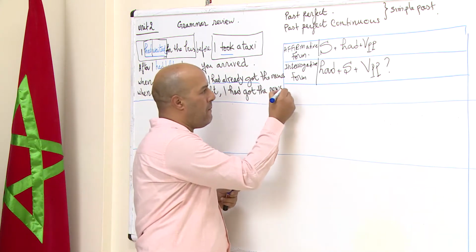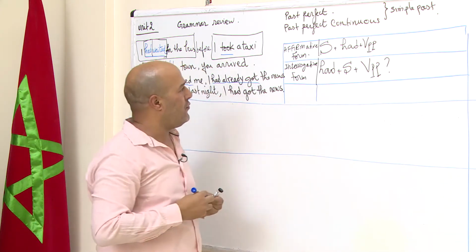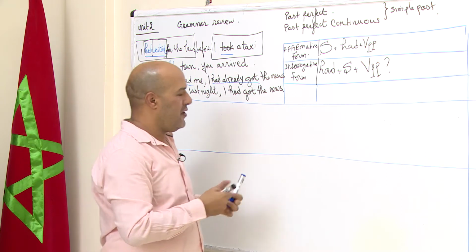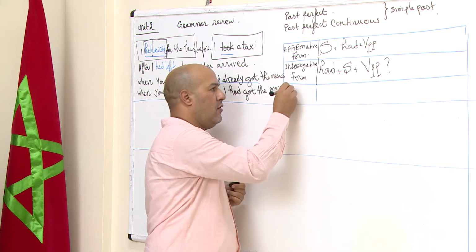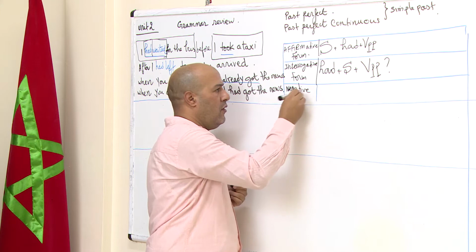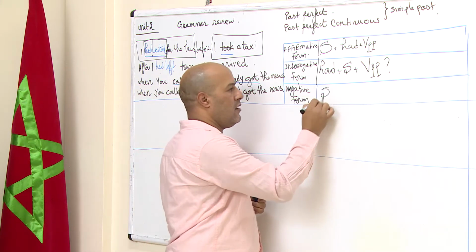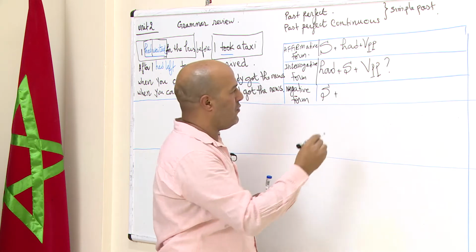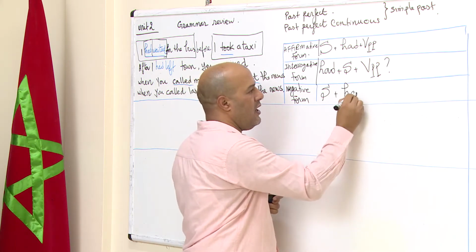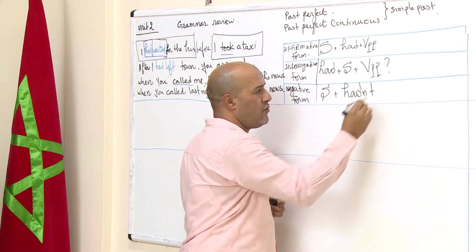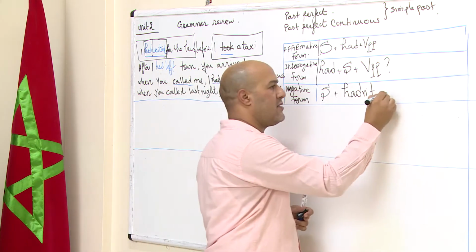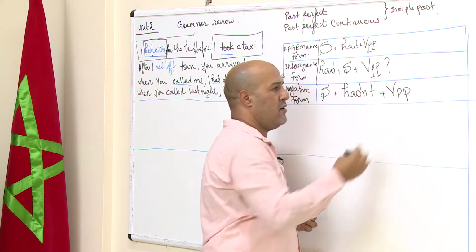So we will pass now to the third form of the sentence, which is the negative form. The negative form starts with the subject, of course, and had not, or the short form is hadn't, plus the verb past participle.